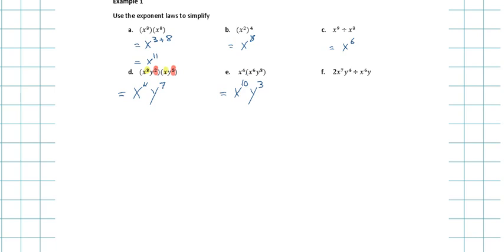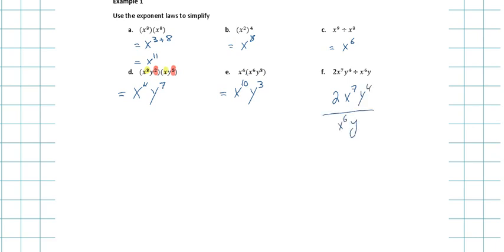How about f? Division, right? So I have division, so what do I do with the exponent? Subtract. Okay, now can you just look here for a second? So this is the same thing as writing this. If this is easier for you to see, go ahead and write it this way.